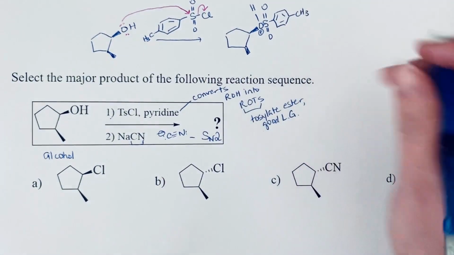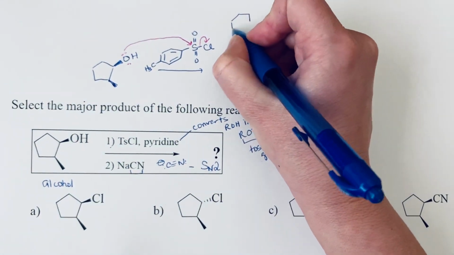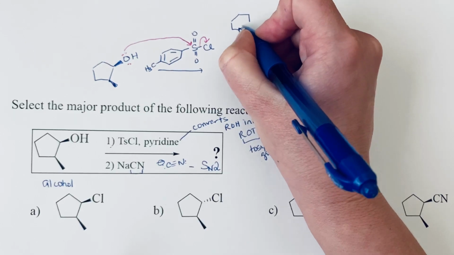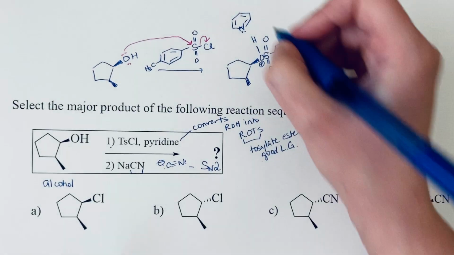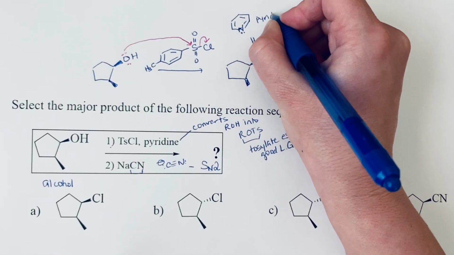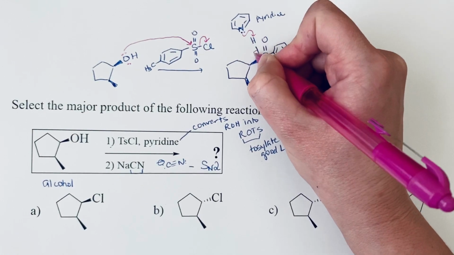Pyridine is a base. So here is pyridine, and the role of the pyridine is just to remove this acidic hydrogen.